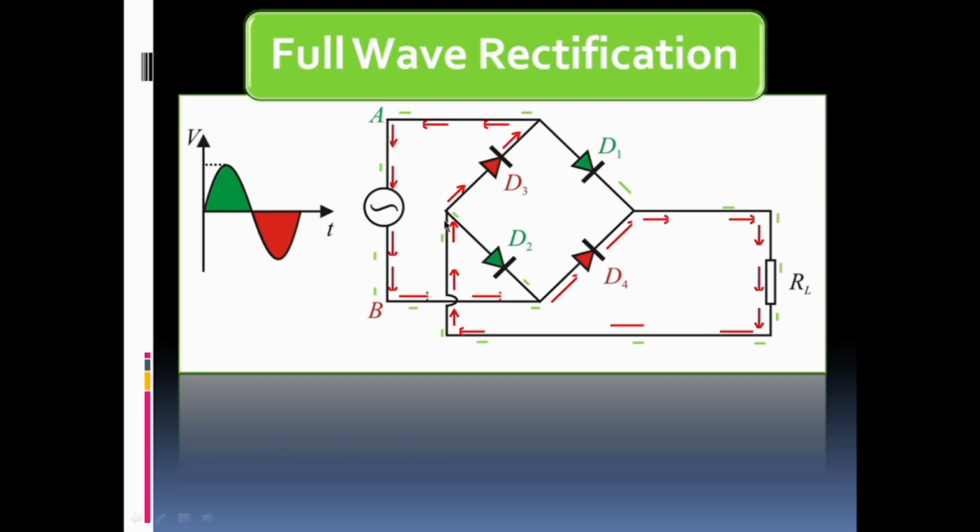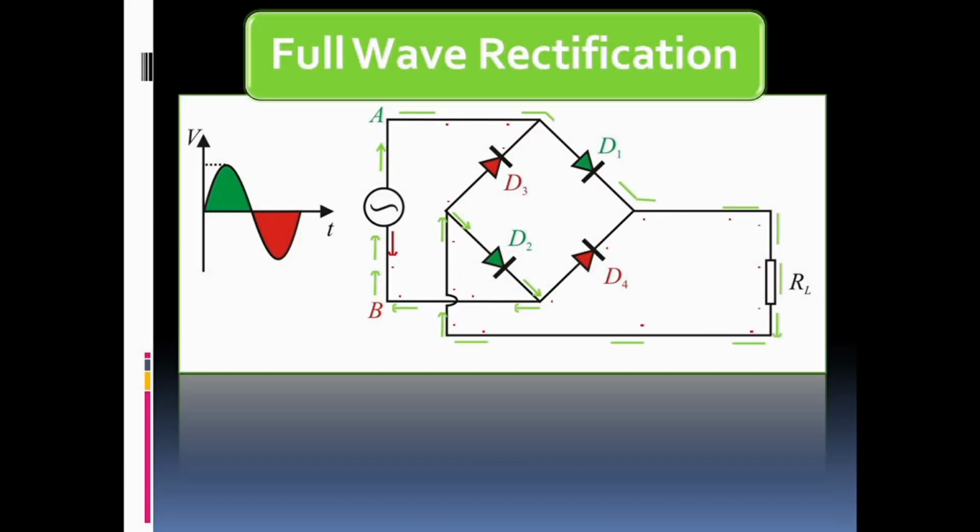The expectation of the current is not accomplished in this way, therefore it takes the path through D3 and comes to the lower potential and completes its journey. So during both of these cycles you can see the current through RL is in one direction, and during both cycles there is a current and there is a voltage across RL. So that is why this is called full wave rectification.